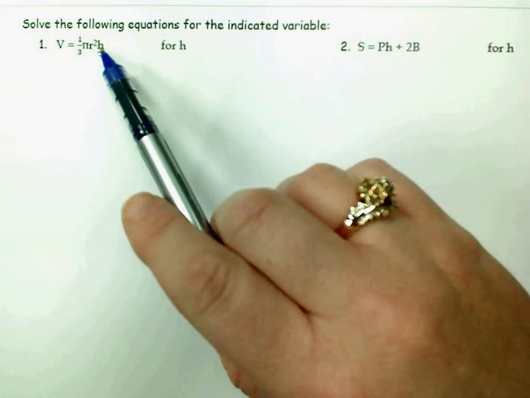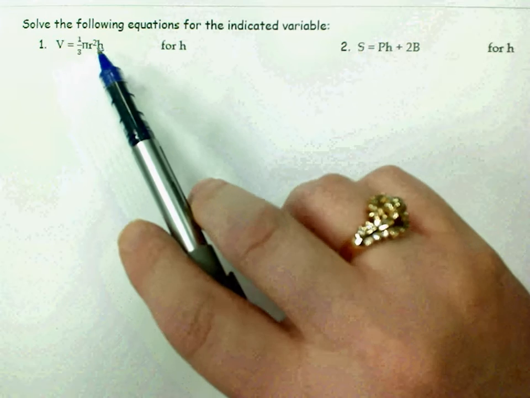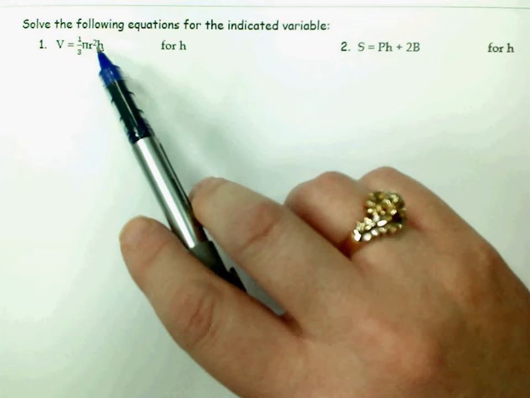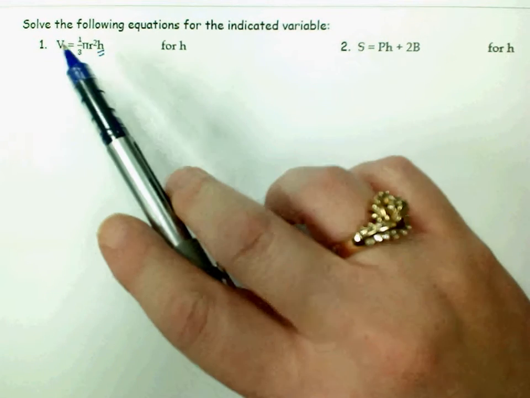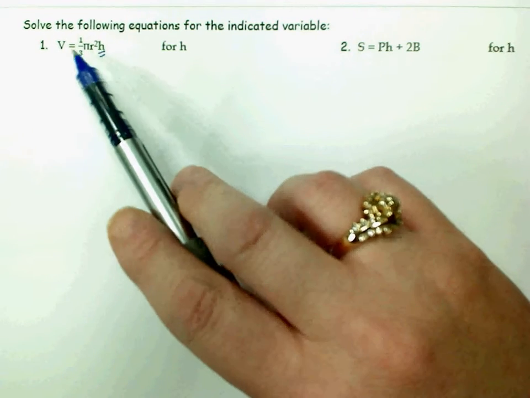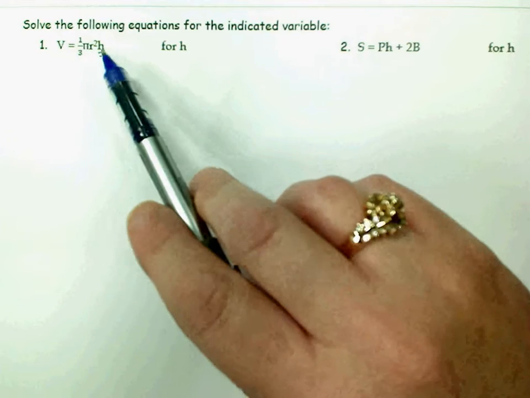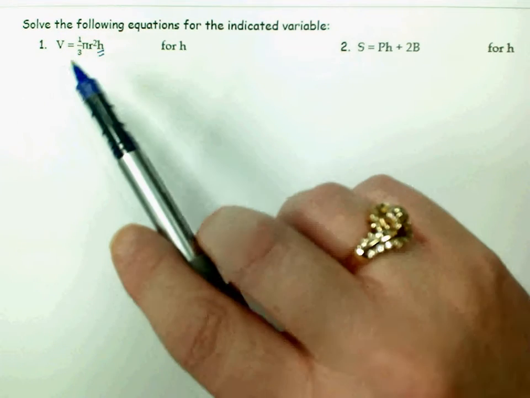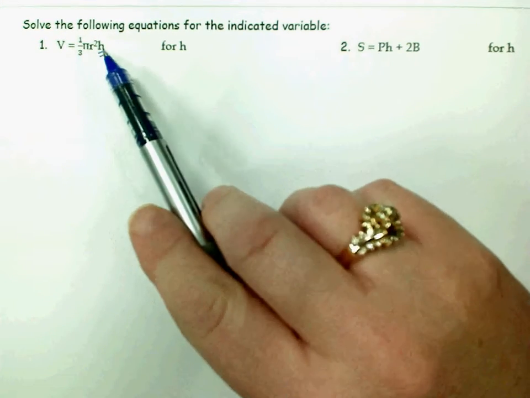So to get h by itself, we already talked about what we need to get rid of, and so what I look to see is what operation is occurring between the variable I'm trying to get by itself and the things that I'm trying to get rid of, which are the 1/3, pi, and r squared. Well, since they're just written next to each other without any addition or subtraction symbols, I know all of this is just multiplication.